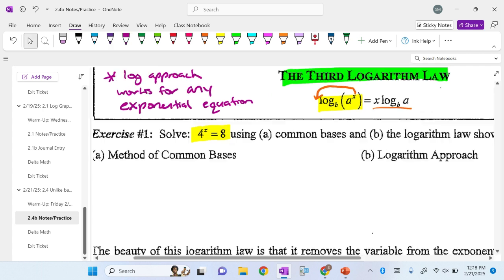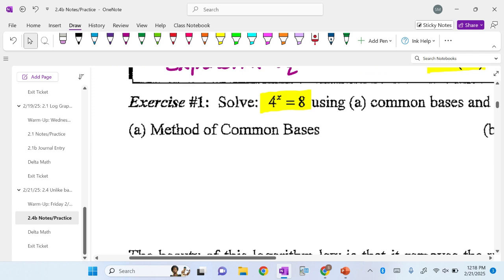So we're first going to solve 4^x equals 8 with the method of common bases. So look at your power chart. You're looking at the columns specifically. For what base do 4 and 8 appear in the same column on your power chart?